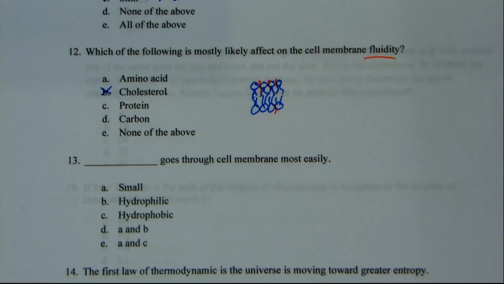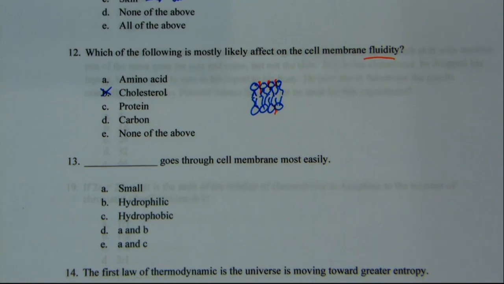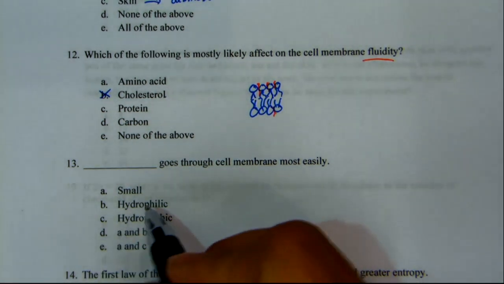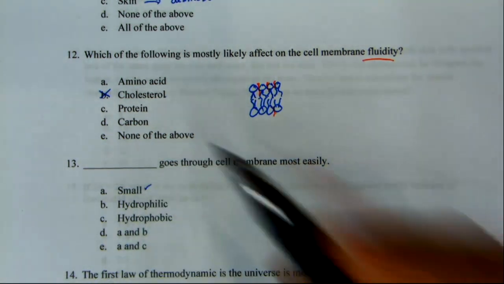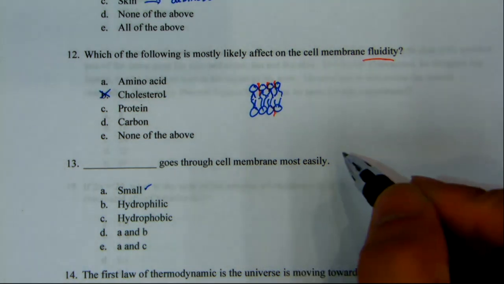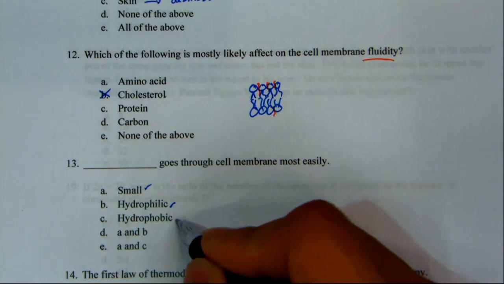So for 13, blank goes through the cell membrane most easily. So definitely the first one, small, right? It has to be small. As we know, the membrane has two parts, hydrophobic and hydrophilic. So if it only has one of those, it's not going to go through easily.